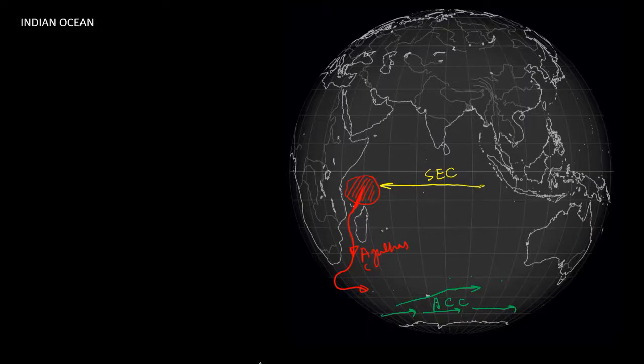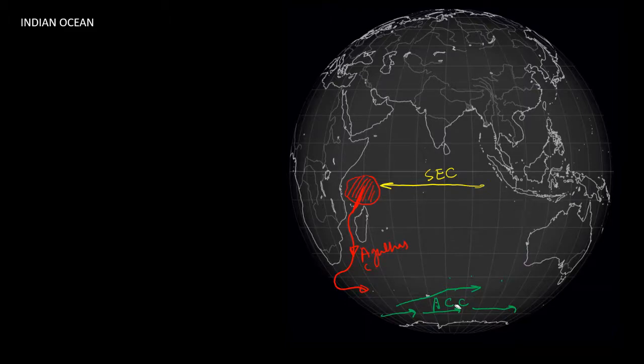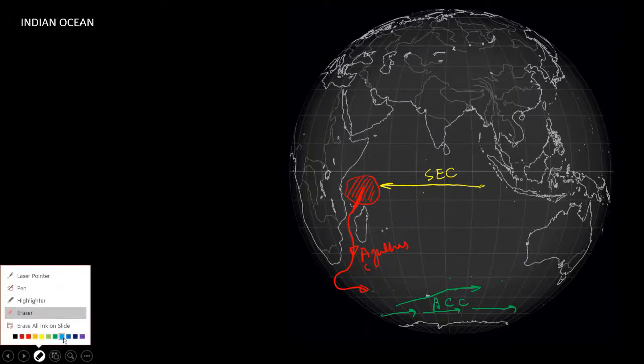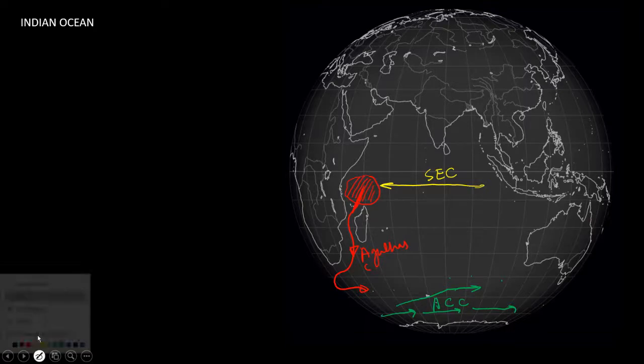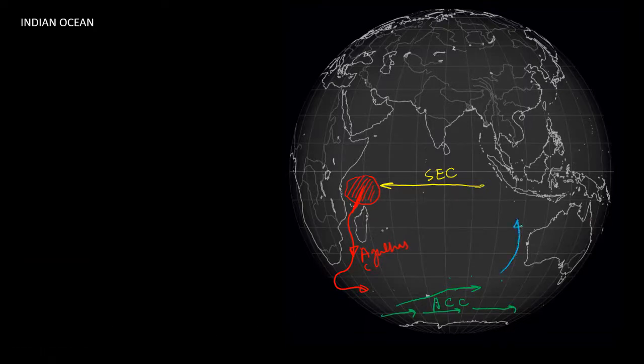And then there was one current which was a derivative of this, and it was flowing like this. This current was, wait, a bit higher. This current which was going from the higher latitude towards lower latitude along the western side of Australia is called the West Australian Current. So we can see these four currents over here.